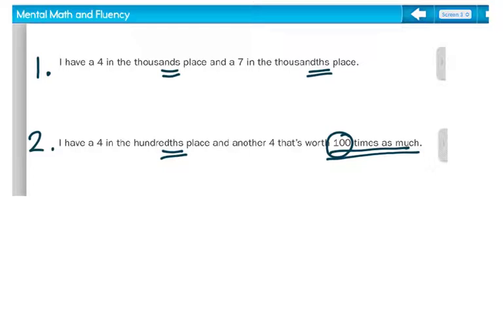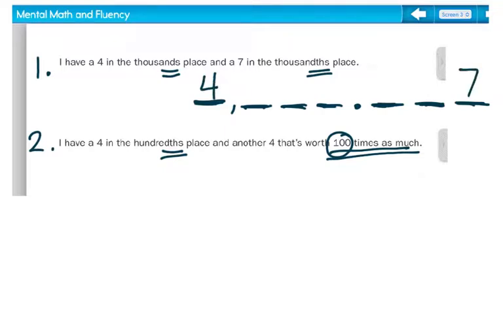Okay, so let's start with number 1. I have a 4 in the thousands place. So if we have a number in the thousands, it's going to look like that. Thousands, hundreds, tens, ones, tenths, hundredths, thousandths. So 4 in the thousands and a 7 in the thousandths place. 4,000 and 7 thousandths.